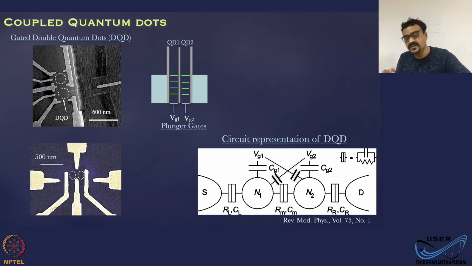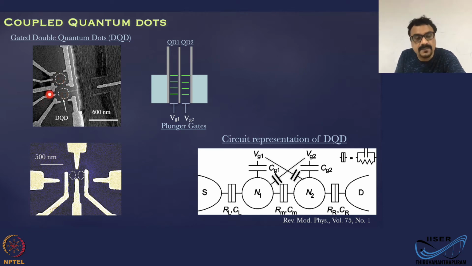So these are really small structures, falling under a few hundreds of nanometers, and the latest generation of quantum dots are even in the sub 100 nanometer range. So changing the voltage on one gate will change the electrostatic potential of that dot, but that also will affect the electrostatic potential of the other dot.